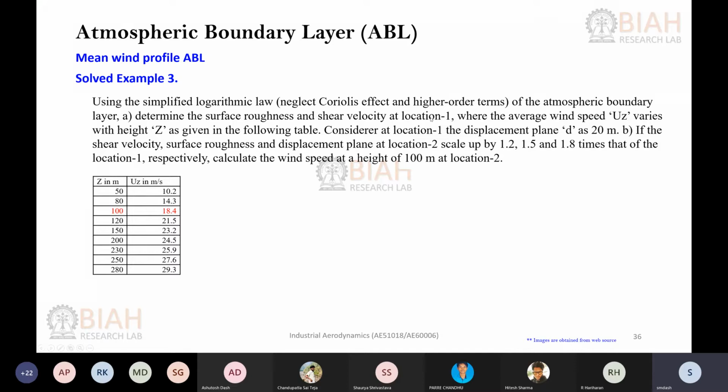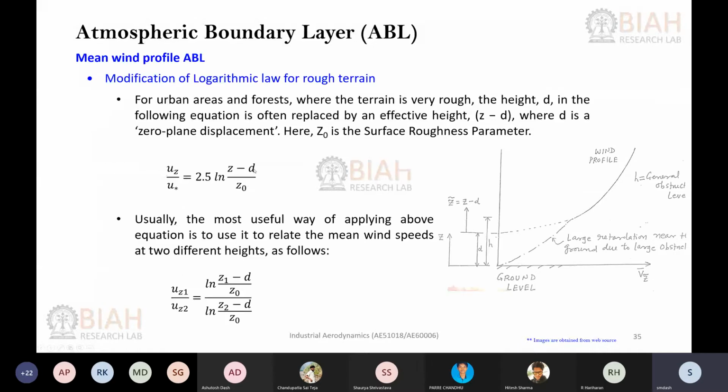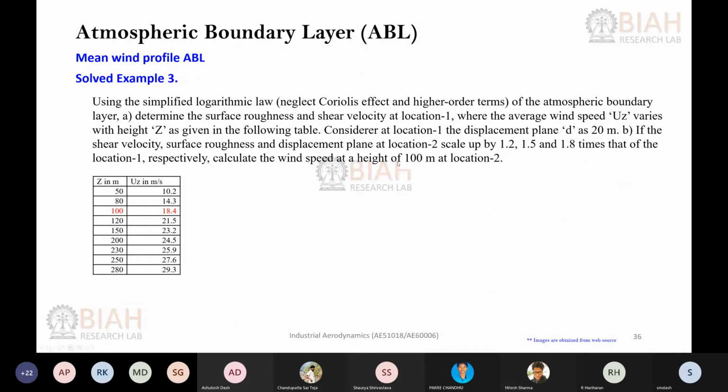Since you have already derived these three quantities for location 1, you can find out these values for location 2, and using them you can estimate the wind velocity at a height of 100 meters using this equation again. The values will be for location 2.